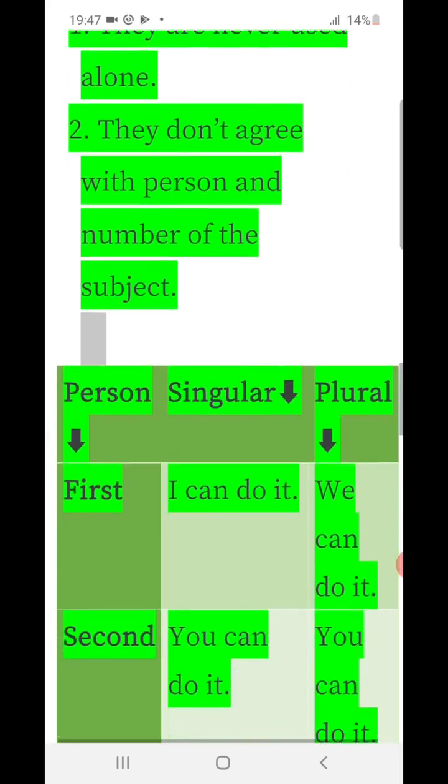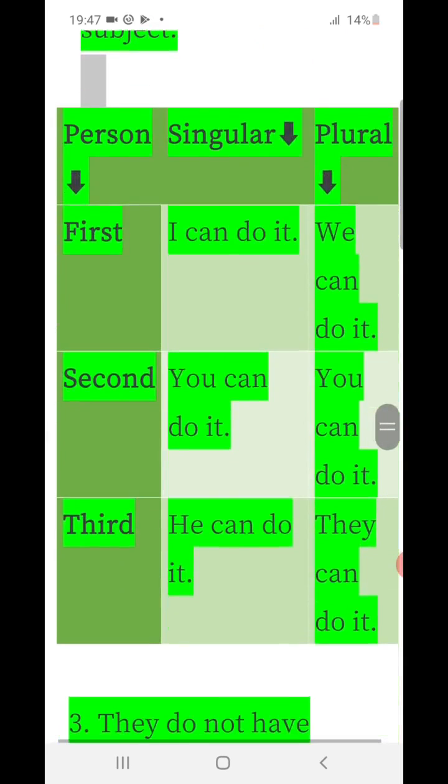Now, let us see. Suppose here we are using the modal can to express it. First person, singular form. I can do it. Next, plural form.